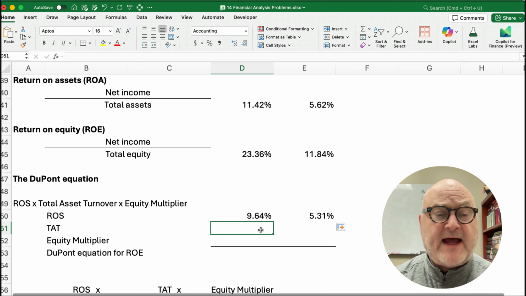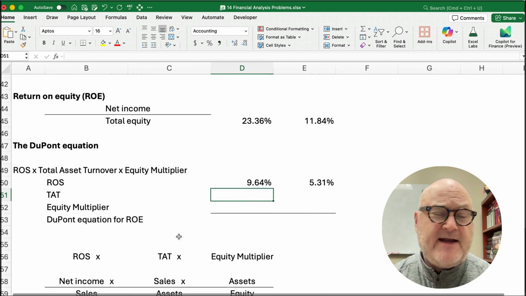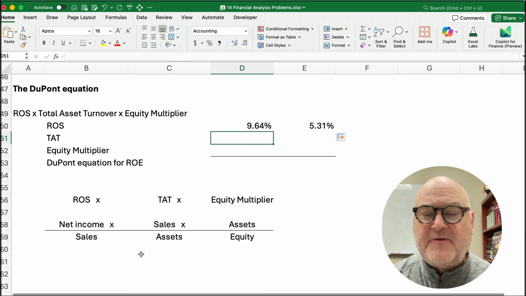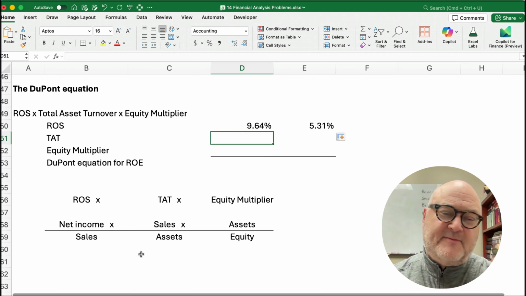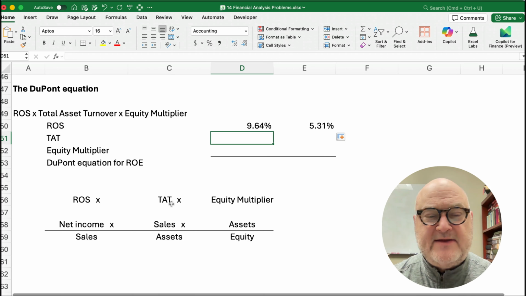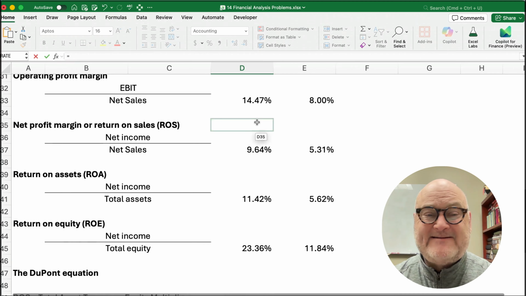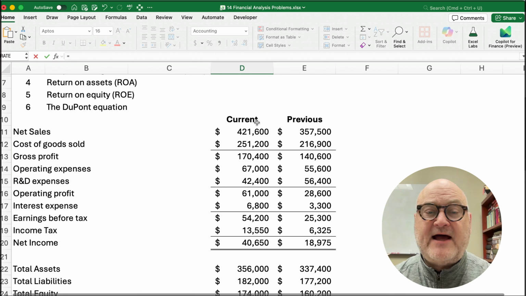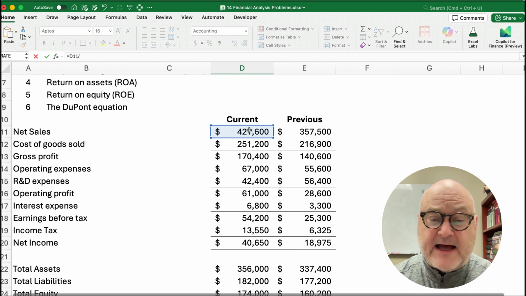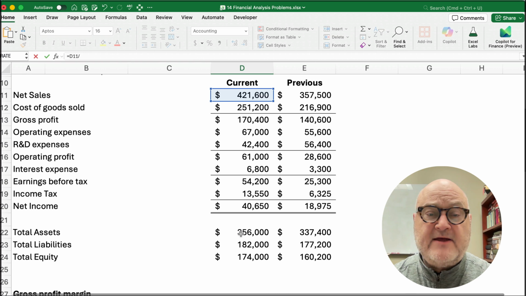What about total asset turnover? Well, I know you remember the formula. I just have it here for me, right? Well, in the previous video or two, we did total asset turnover, and it's sales divided by assets. So let's take our sales number, the very, very top, divided by your assets. Now, what does that number give you?